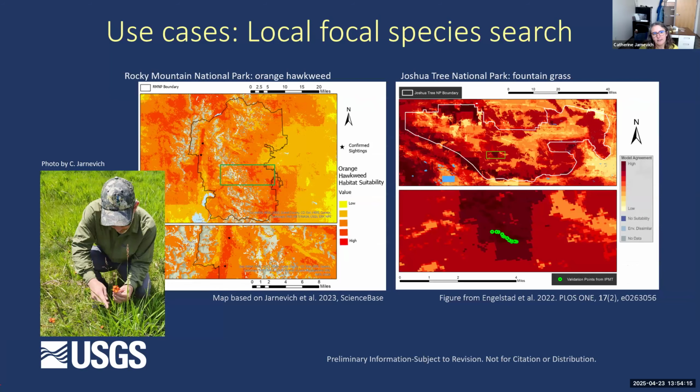So what are some use cases for Inhabit? So one is thinking about local search for a specific species. I have a couple examples here. One where we went and looked in Rocky Mountain National Park for orange hawkweed, which is a species of concern there.